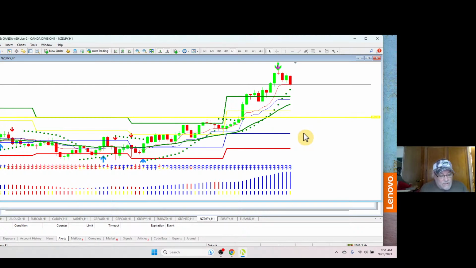Aussie dollar is approaching my first profit target on it. I'm moving the stop on it to break even. Now there's zero risk on it. Zero risk on the Aussie dollar.